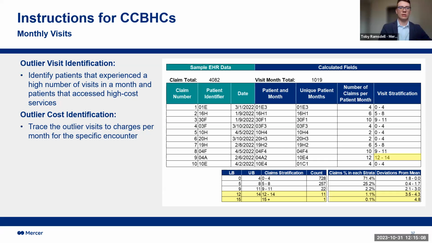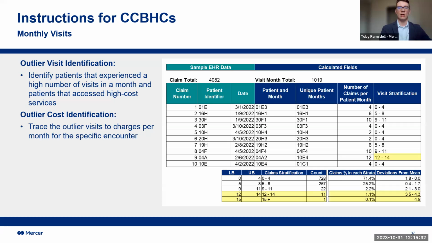So you can see these first 3 columns are EHR data. This is all sample data, but in this data set, those first 3 columns represent the claim number, the patient identifier, and the date of service. From that point, I've created calculated fields. I built out a formula to look at patient and month combinations for each visit.